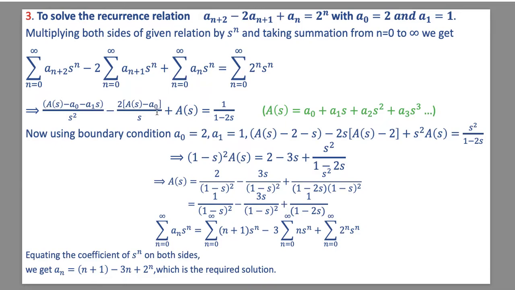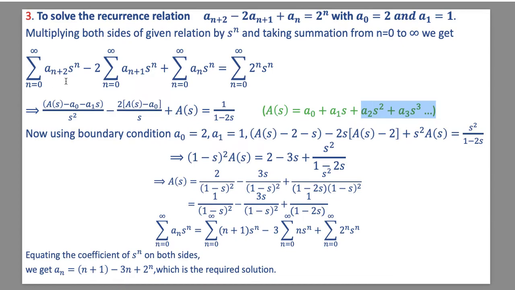If we multiply a2 plus a3 s by s square, we will get a2 s square plus a3 s cube and so on, and divide by s square. Here I have written it, so it will be f(s) minus a naught minus a1 s upon s square.